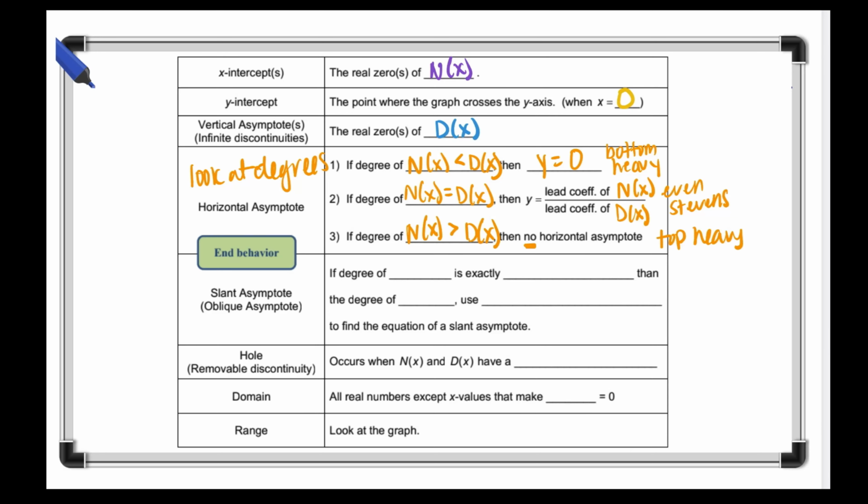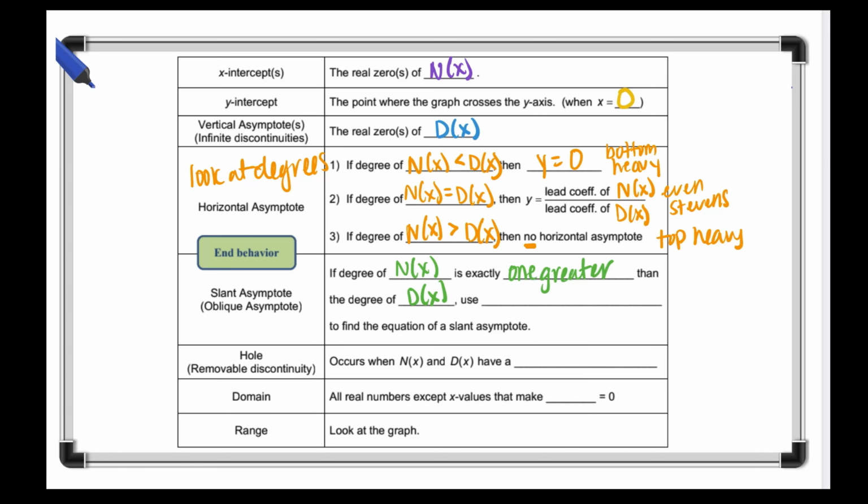Okay, so if you think about slant asymptotes, we're still going to think about degrees, but we're looking specifically at when the degree of your numerator is exactly 1 greater than the degree of your denominator.